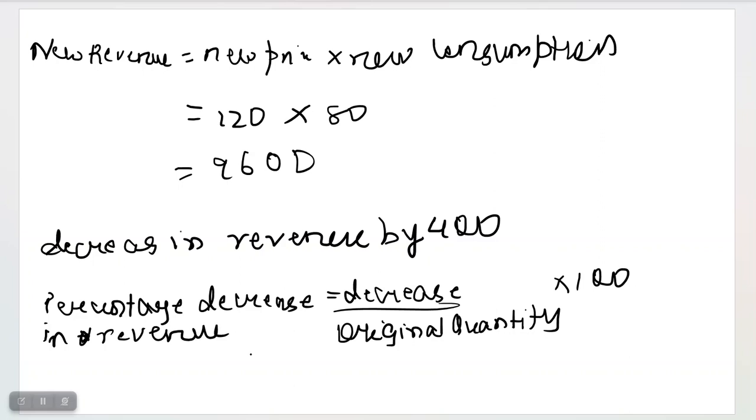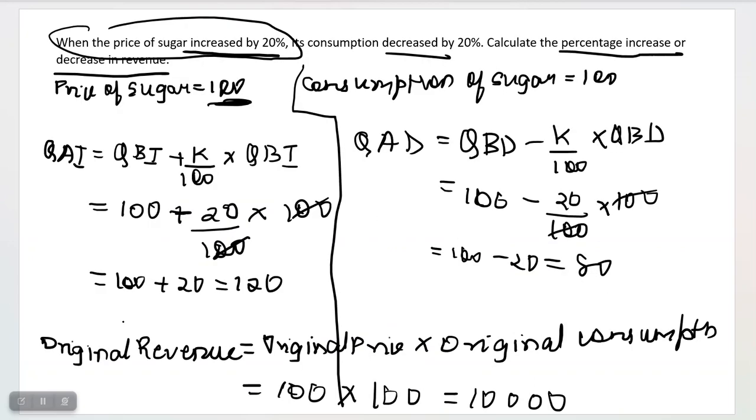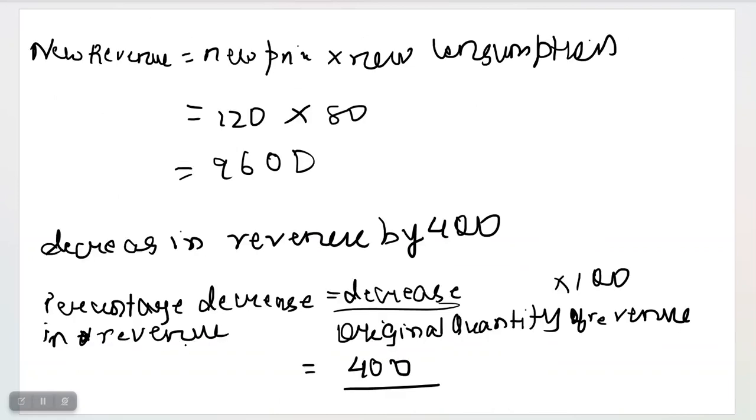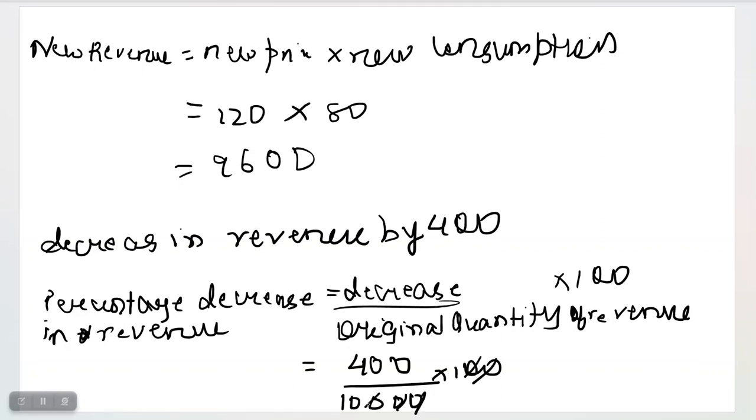So we are asking decrease upon original quantity of revenue, because we are interested in the revenue. So the decrease is 400. The original quantity of the revenue is the original revenue, which is 10,000, into 100. We cancel this, and we get the answer 4. So therefore the percentage decrease in revenue is 4%.